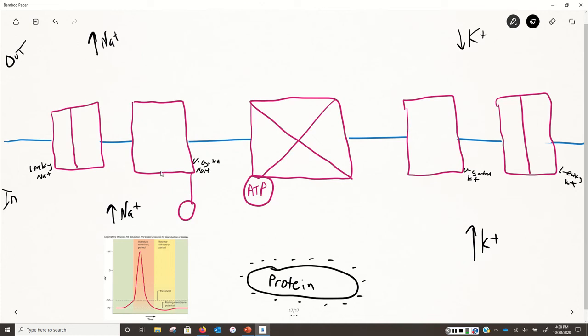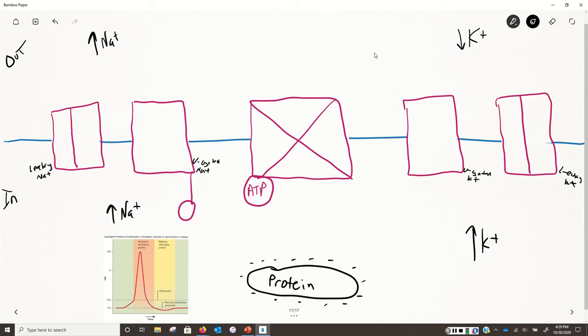It can be open, closed, or inactive, and we'll see what that means as we draw. The voltage-gated potassium channel can be open or closed, but it cannot be inactive. Right now, both of them are closed because they don't have that red line going down the middle. Now we also have the sodium-potassium pump, and I've drawn some ATP next to it because it uses ATP.